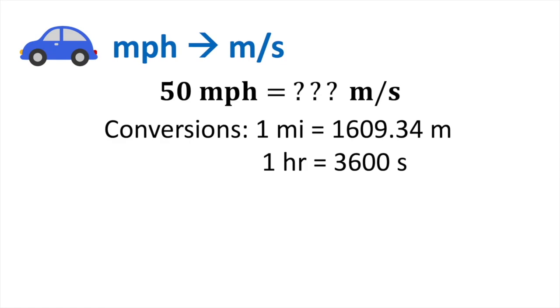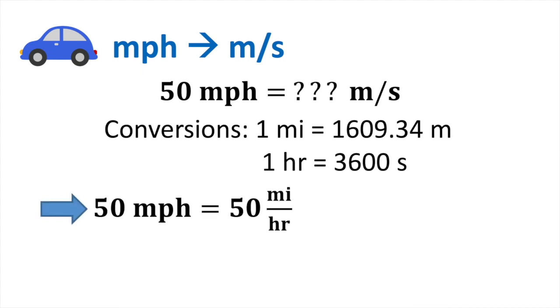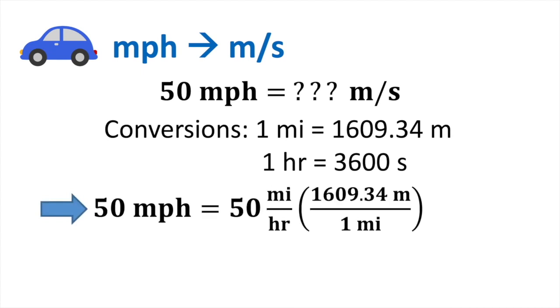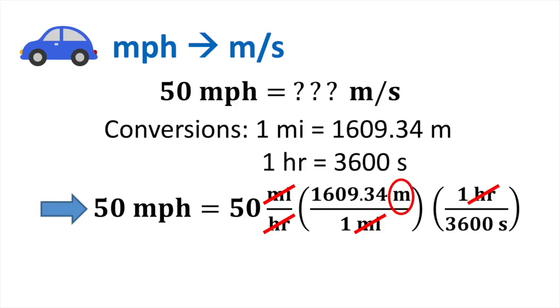giving us a chain. 50 miles per hour is 50 miles per hour multiplied by the first conversion factor of 1,609.34 meters divided by 1 mile, and the second conversion factor, 1 hour divided by 3,600 seconds. In this string of units and numbers, all of the miles and hours cancel out, leaving us with just meters on the top and seconds on the bottom.